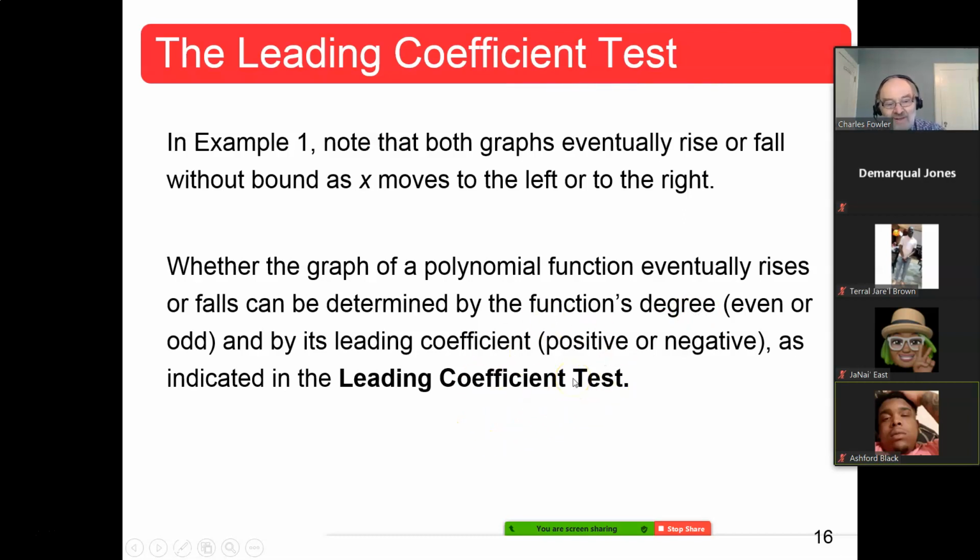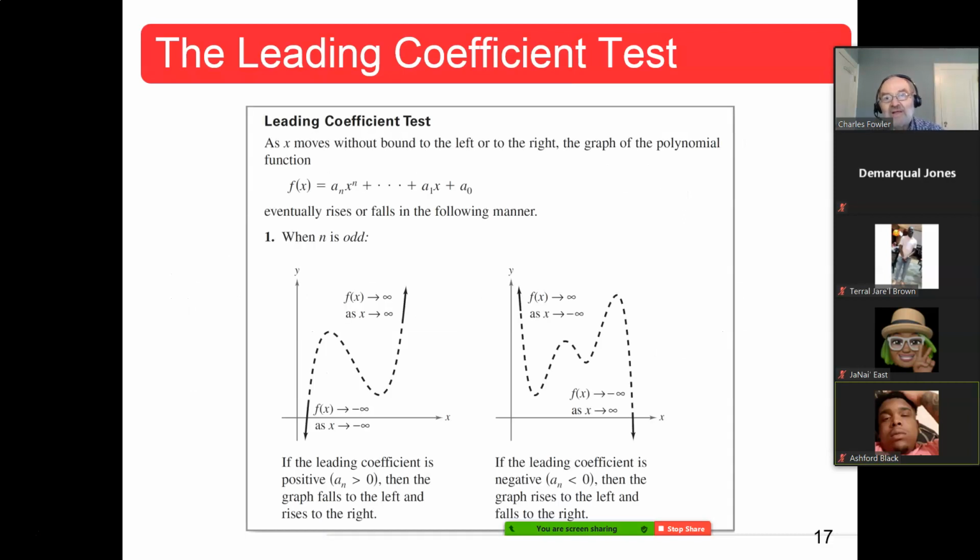So why they call it leading coefficient test, I don't know. Yeah, that's important, but the leading term test covers even more ground. So here's what we mean by that leading term test. As x moves without bound either to the left, very negative, or to the right, very positive, the graph of a polynomial function, and this is what the generic polynomial function looks like.